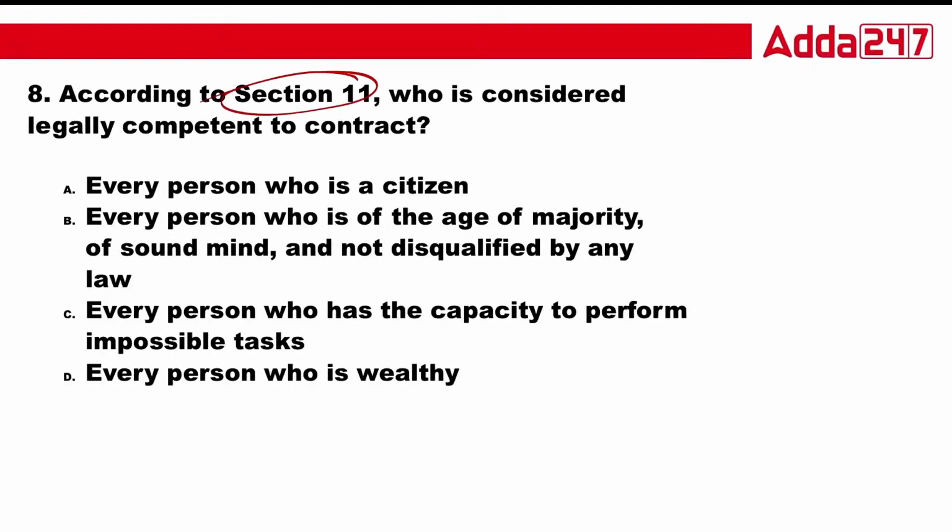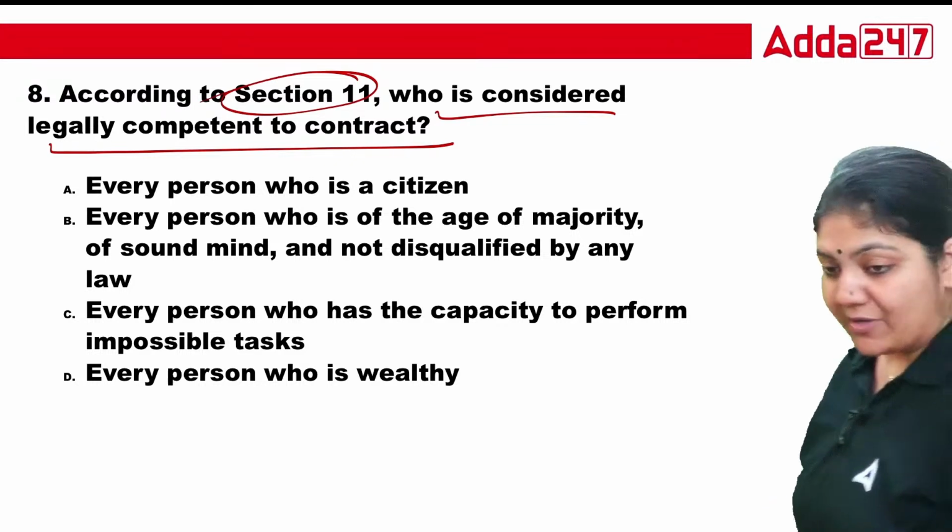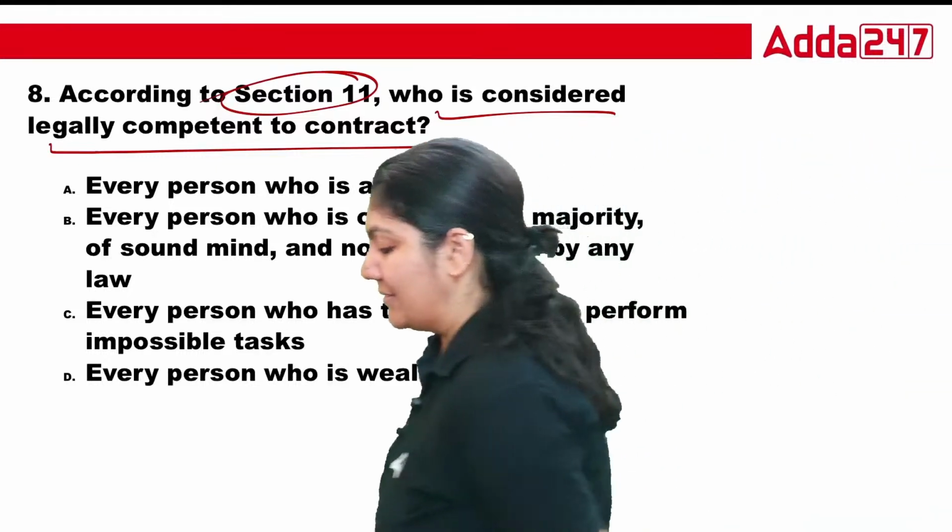According to section 11, who is considered legally competent to contract? Every person who is a citizen, every person who is of the age of majority, of sound mind, not disqualified by law, every person who has the capacity to perform the impossible task, or every person who is wealthy. Tell me the right answer.